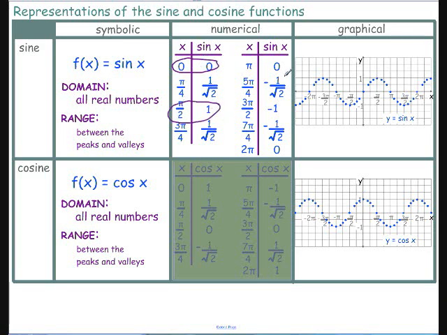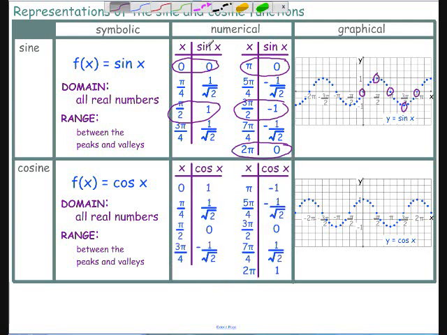We've got more than that because in this table of values I put in all the 45-degree reference angles. So that would be this one, this one, this one, this one, this one, and that would be one full cycle of sine. Let's do the same thing for cosine.